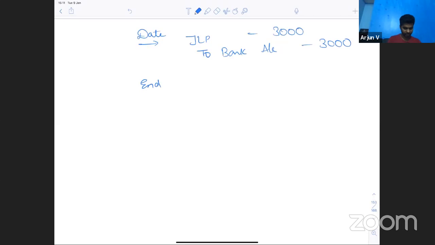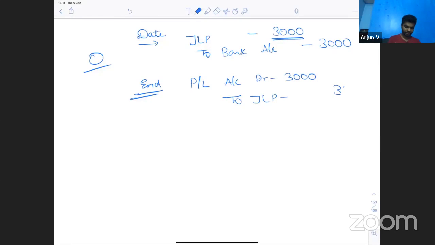At the end of the year, the first year surrender value was 0. Therefore, your loss directly gets transferred to P&L. So it becomes profit and loss account debit 3,000 to JLP account 3,000. This is for year 1.